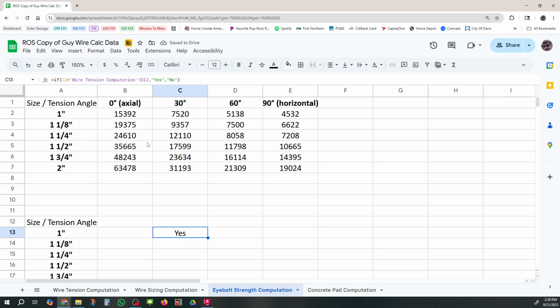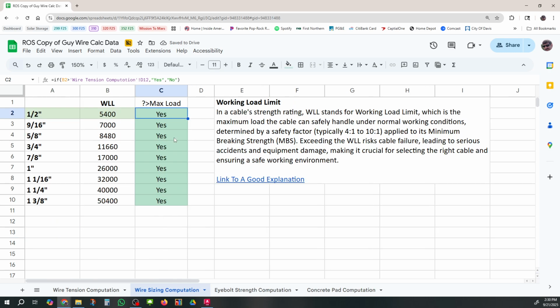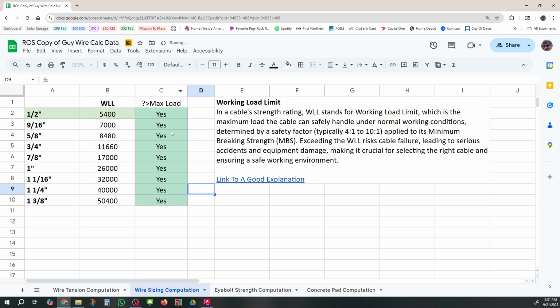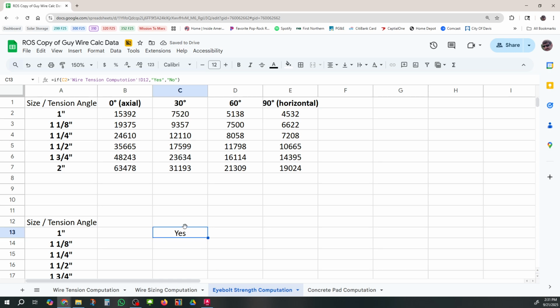Now this is really interesting, and I didn't do it over here, and I really should have. See, those all kind of go and change. Those should all have been locked in with a dollar sign. And that way, when I copy it down, it'll always be going back to D12. So here we go.